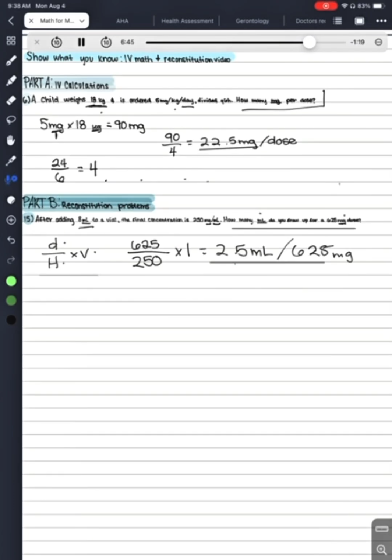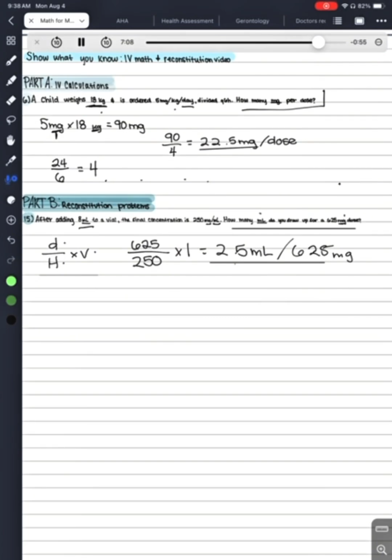So here I'm using the equation that we use when we're trying to find the proper amount of medication to give. When we know how much medication we're supposed to be giving, we need to figure out how we're going to be delivering that medication. So I would use this here.